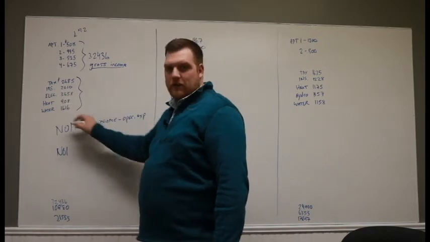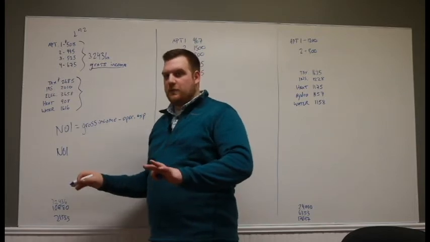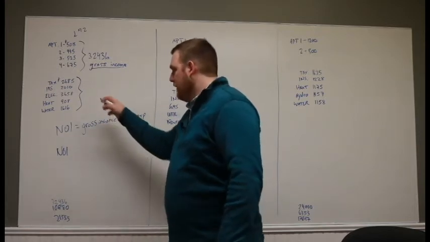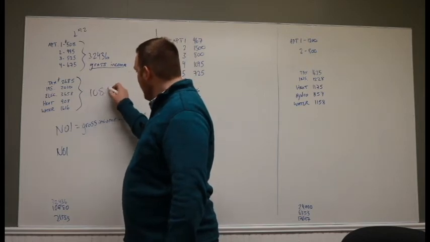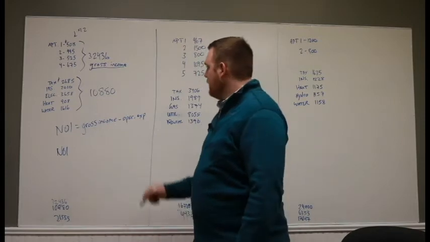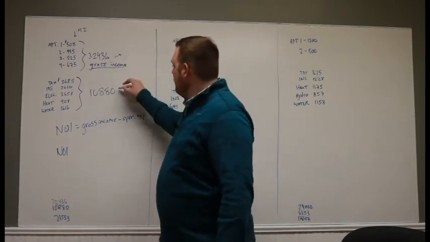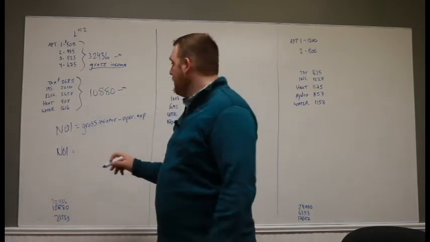If you take all of these expenses that we already talked about, they don't need to be multiplied by 12 because this is for the full year. Take all of these, and that will add up to 10,880. I've already done these calculations just to make the video faster. So you have your gross income, and we have all of our operating expenses.